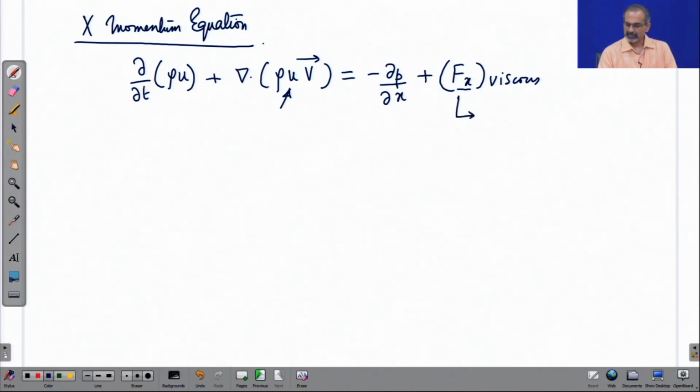Now, incidentally, for the x component of the momentum equation, it can be shown that this term, f x, can be represented in terms of spatial gradients of the normal and shear stresses that we discussed the other day.